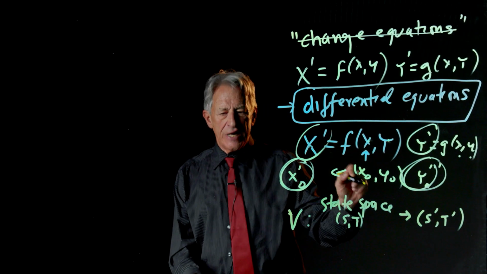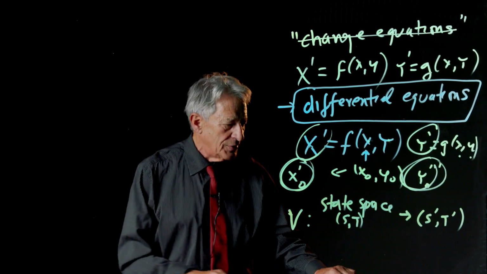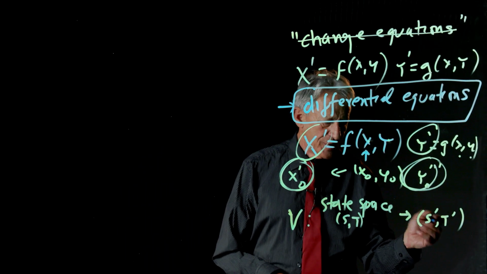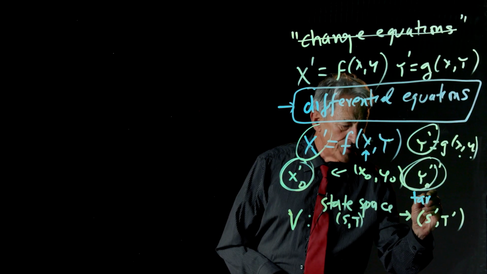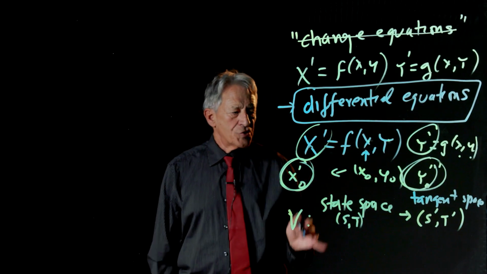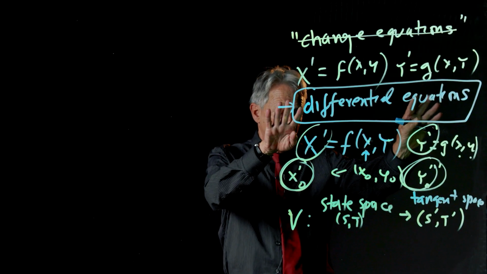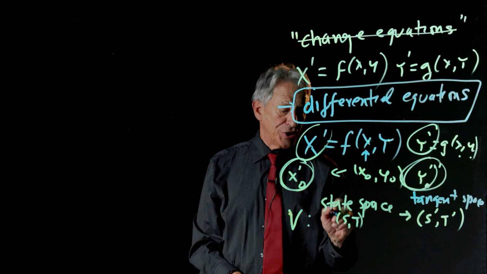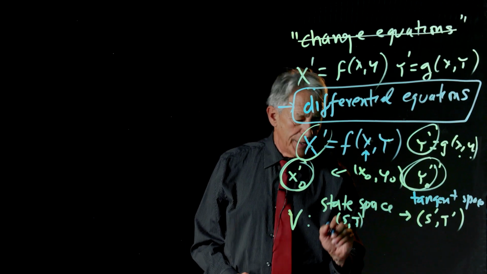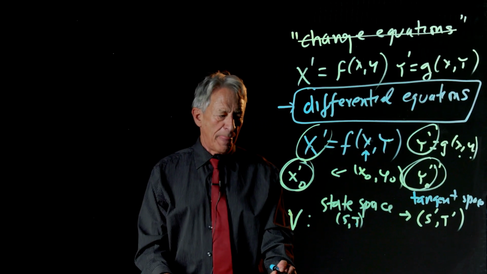It's the space of changes. It's change vector space, if you will, not state space. And this change vector space has its own name. It's called tangent space. So the proper way to view a differential equation is as a function from state space into tangent space, where you plug in S and T into the function, and the function spits out S prime and T prime.